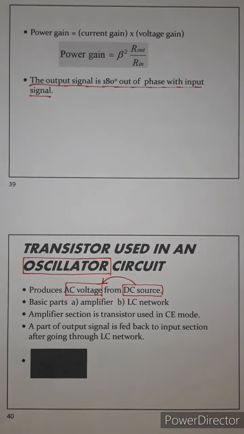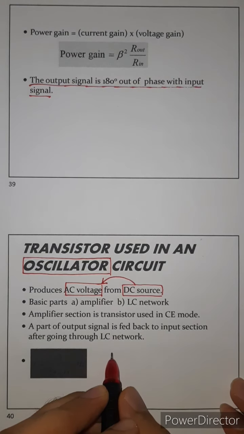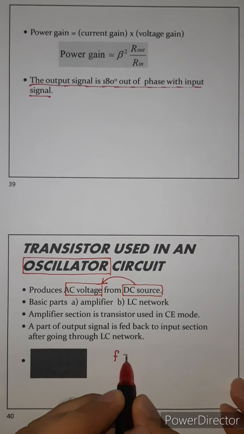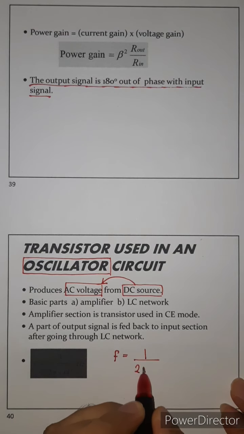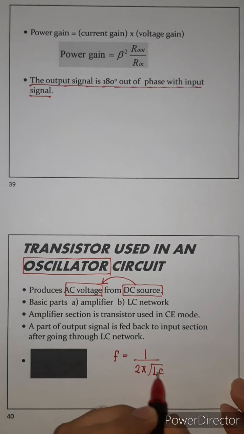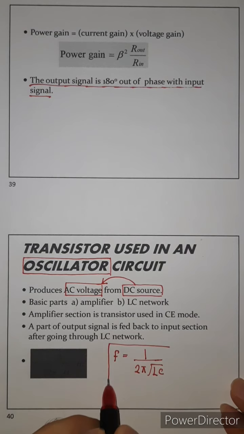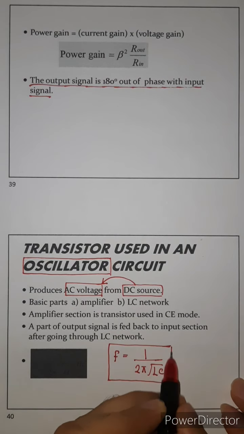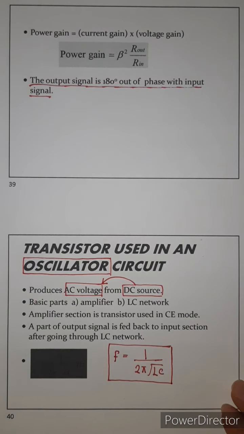The first part is the amplifier, in which we have a transistor used in common emitter configuration, and the second part is the LC circuit. The output AC frequency obtained with the help of this circuit can be written as frequency equals 1 by 2 pi root LC. This is the frequency of AC output that is obtained with the help of the oscillatory circuit.